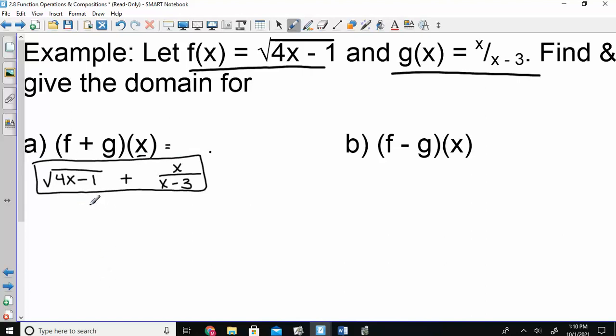So we found the f plus g, but now we have to do the domain. For the domain, we are going to look at each of these original domains. So if you have a square root, what's true about the thing underneath? It has to be positive, greater than or equal to 0. So x has to be greater than or equal to 1/4. If you have a fraction, how do you find the domain?